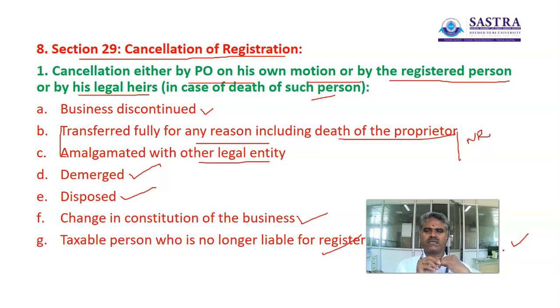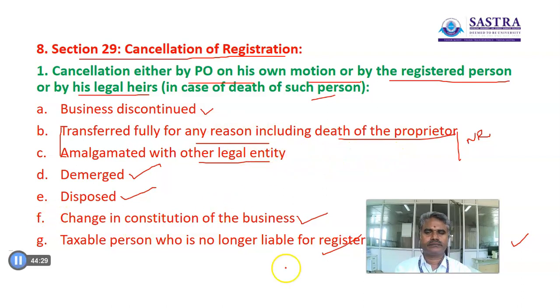When you discontinue your business, transfer it fully for any reason including death of a proprietor, amalgamated with another legal entity, demerged, disposed, changes in constitution of the business, or the taxable person is no longer liable for it. In these cases, they have to cancel their registration. Okay. So this is Section 29.